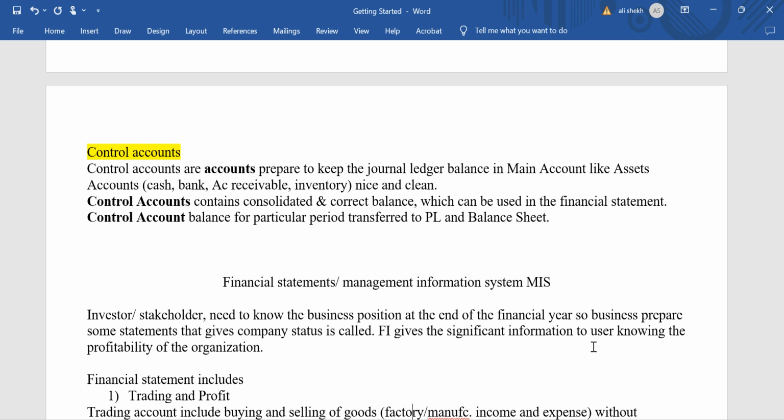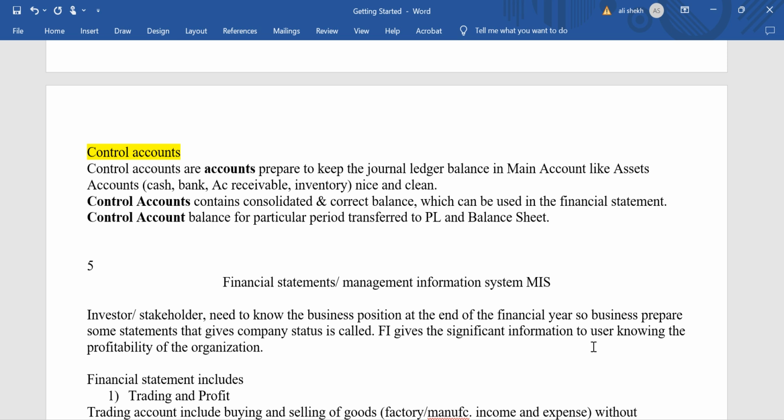Okay, next question. After the adjusted trial balance, we will prepare... first is journal entry, second is ledger posting, third is trial balance, fourth is adjusted trial balance.